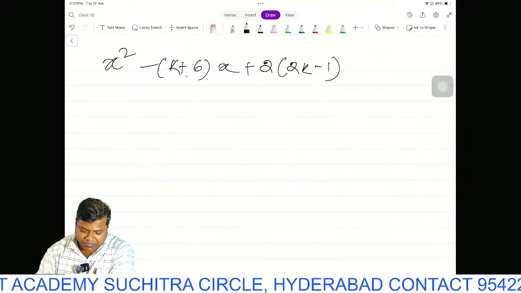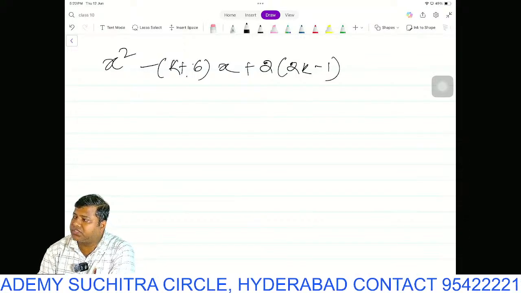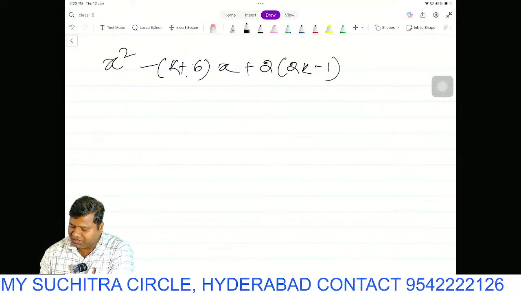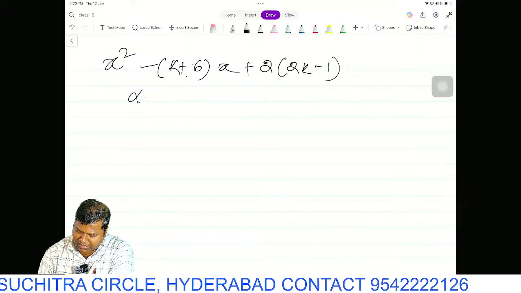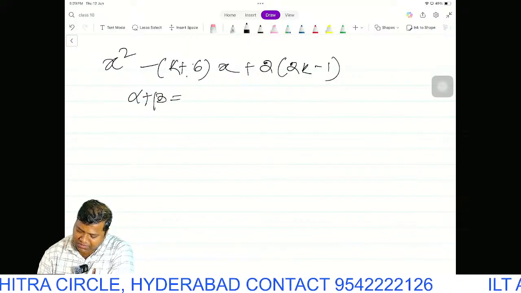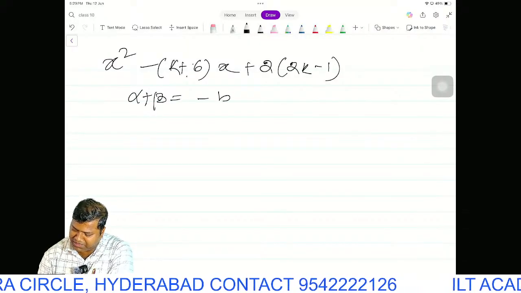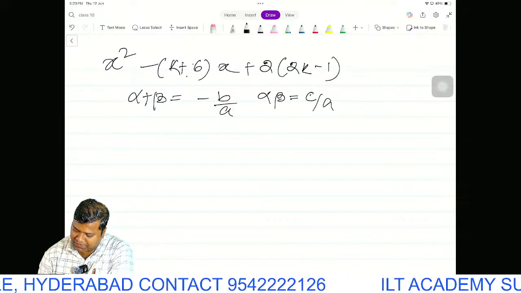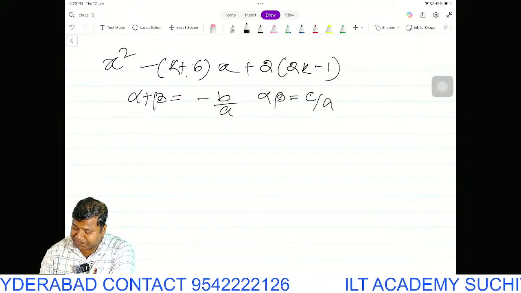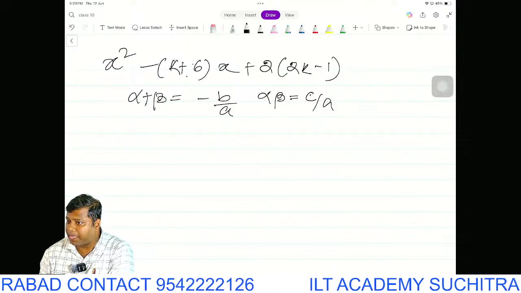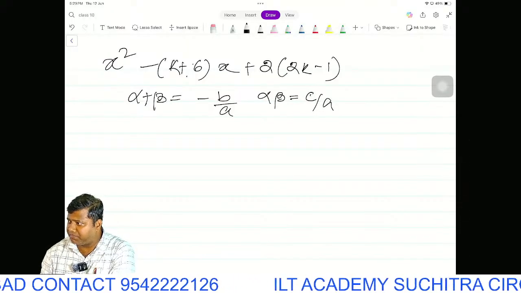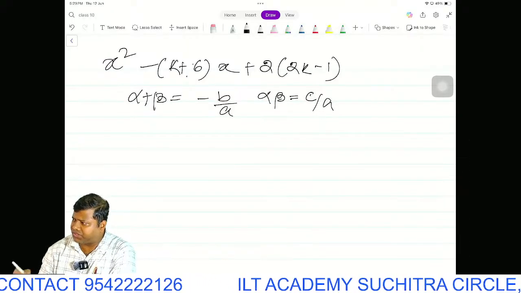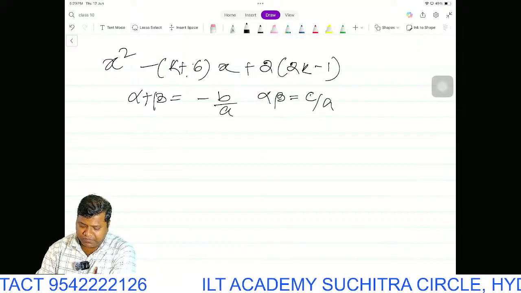Now see, alpha beta is given as zeros of it. That means I can say alpha plus beta equals minus b by a, and alpha dot beta is c by a. But the thing is, what is the value of a, b, c? That we need to get by comparing the given equation with the standard one. What is the standard one?